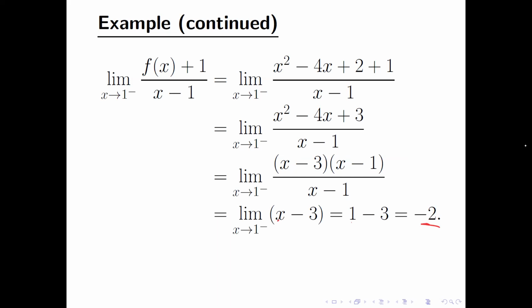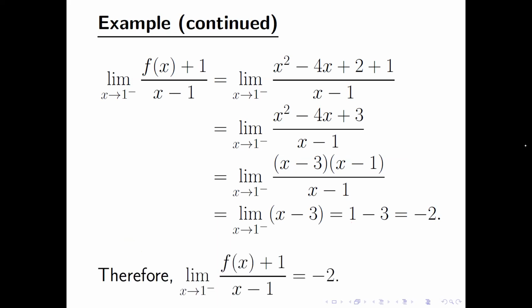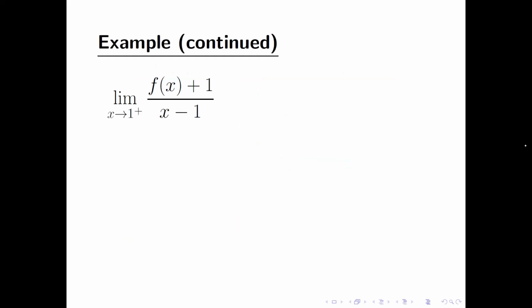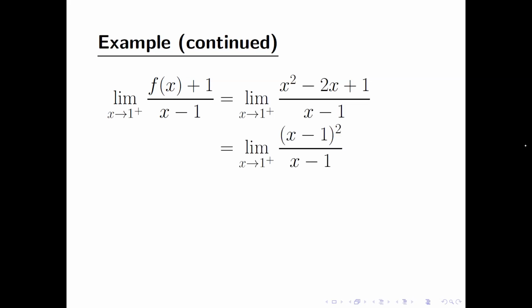So let's check on the right of 1. I mean when x is greater than or equal to 1. We saw that the function that we are going to use on the right of 1 is this function, x squared minus 2x. And again, you may just simplify or factorize your numerator.